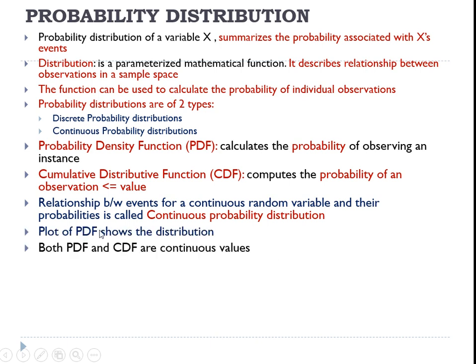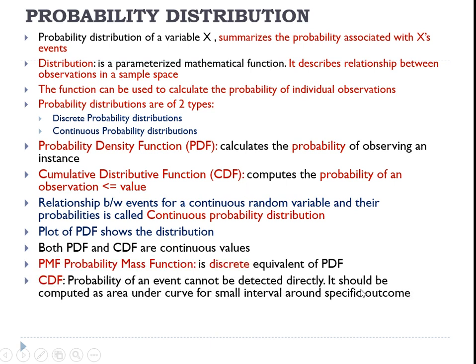We will be seeing a lot of plots of PDF across the different types of continuous as well as discrete probability distributions. Both PDF and CDF have continuous values. Suppose you have discrete values, then we call it PMF, that is probability mass function. It is basically a discrete equivalent of the probability density function.